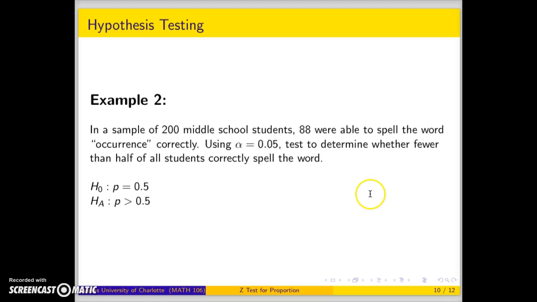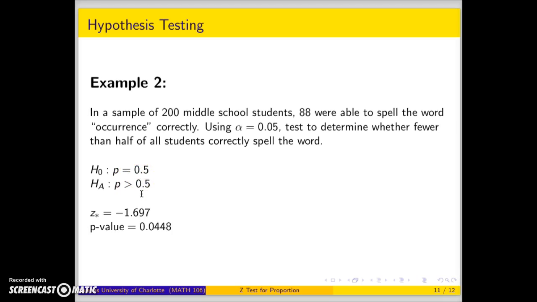So that means our alternative hypothesis is p is less than 0.5. And then our null hypothesis is always p is equal to 0.5. And then from StatCrunch, we calculated that the test statistic is negative 1.697, and the p-value is 0.0448.